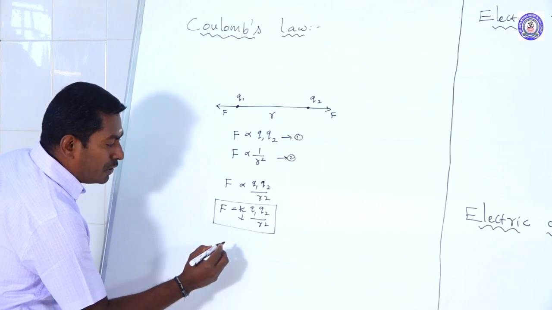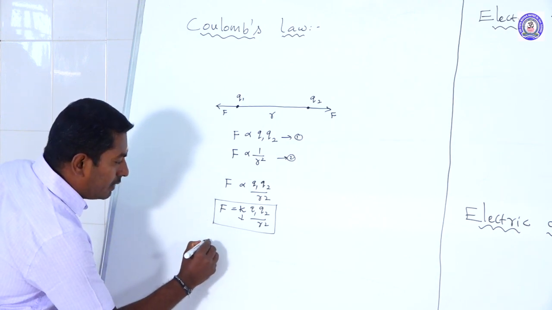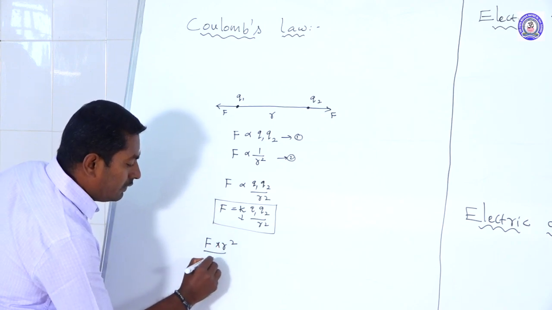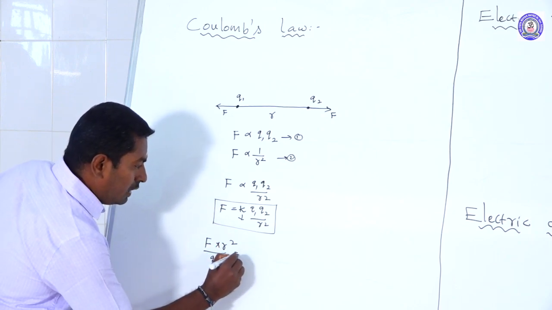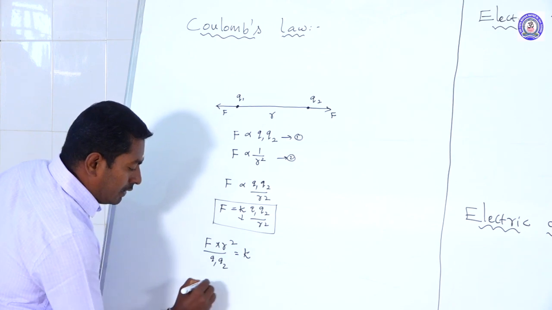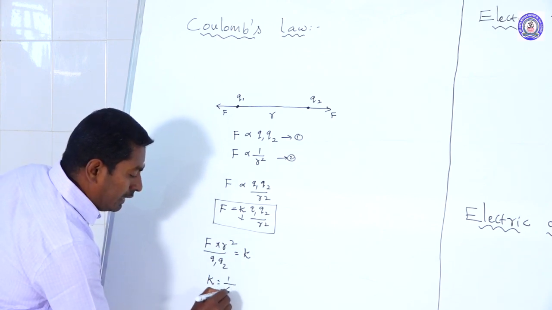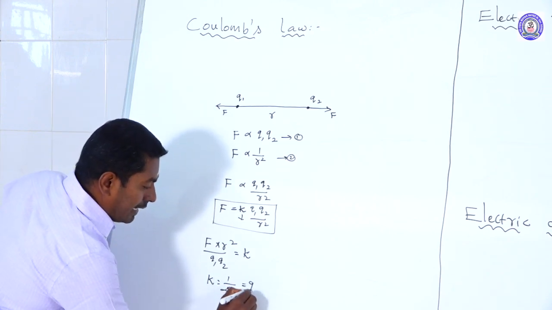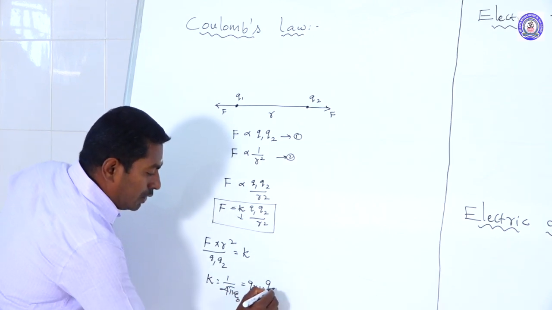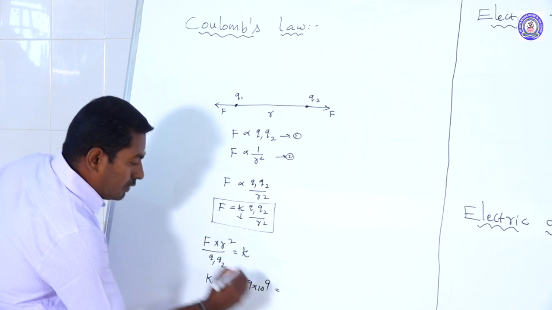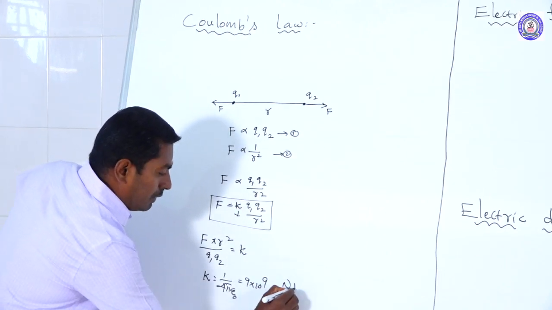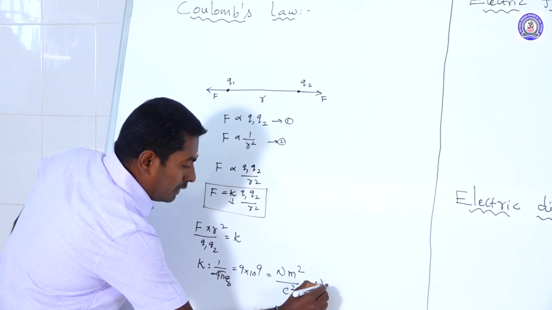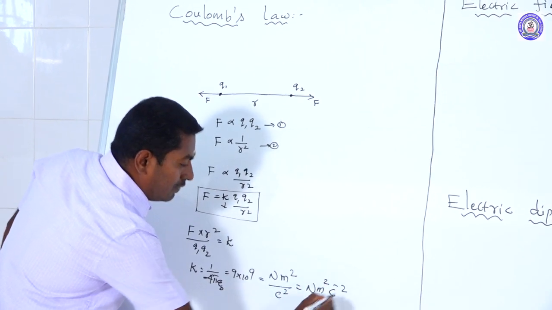Here, the expression to represent the proportionality constant: F into r square divided by Q1 Q2 is equal to K. Here K is equal to 1 divided by 4 pi epsilon naught. That value is 9 into 10 power 9. The unit of K is Newton meter square divided by Coulomb square, or Newton meter square Coulomb power minus 2.